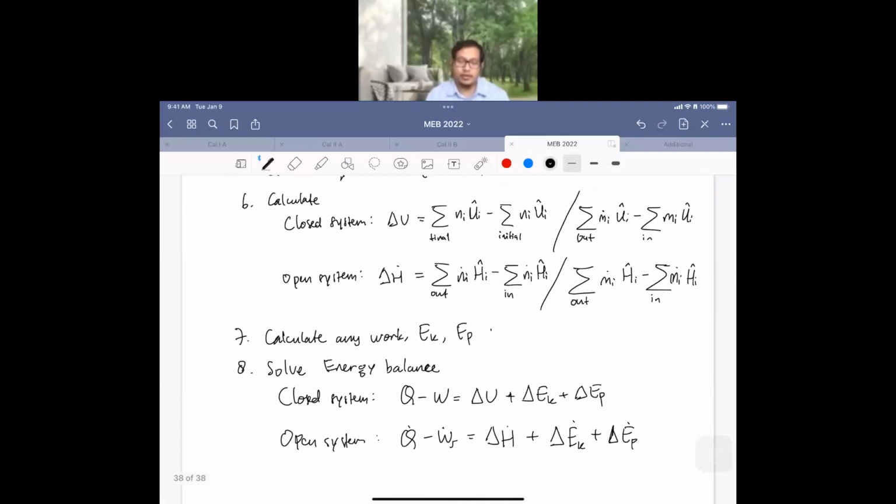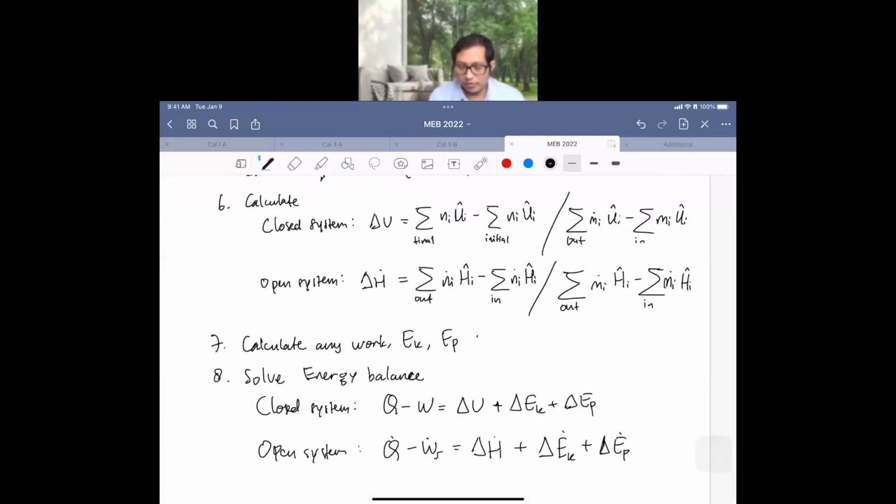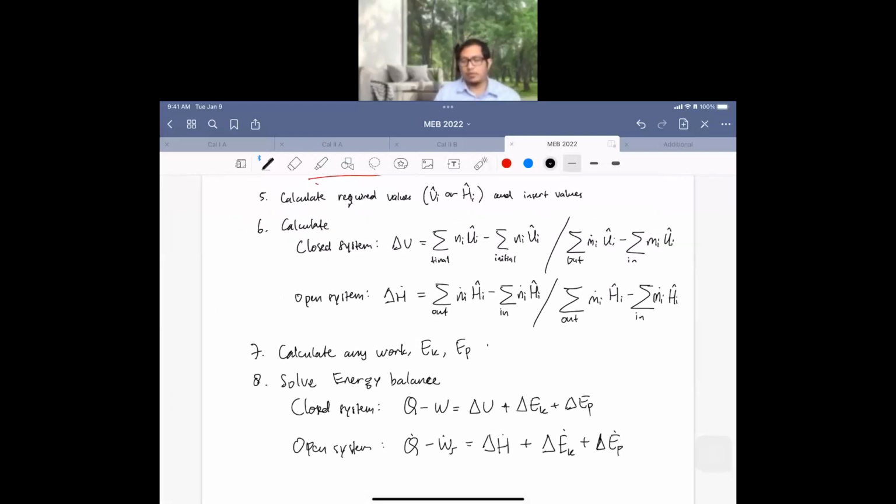After that, we can calculate the other terms as well, and then we can solve the energy balance. And then we might have some answers, like maybe we need to calculate the heat flow, or find the delta of internal energy that we need, or enthalpy. I think I can give you a more practical approach on how we can generate this procedure in a practical example.